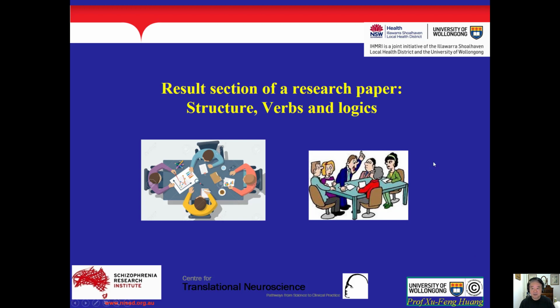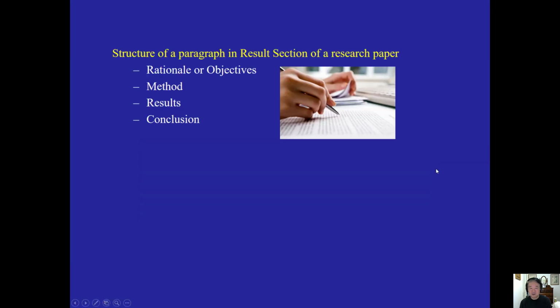So, in terms of the structure of a paragraph in a results section, I would suggest you write four things. Normally, in the first sentence, you write the rationale or objectives.